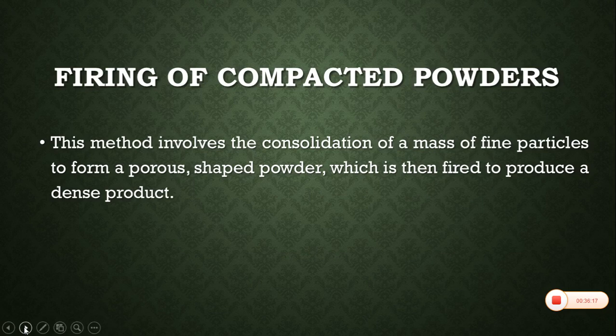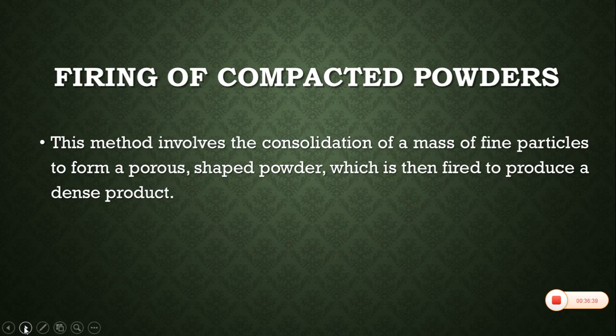The second method is firing of compacted powder. It is also the simplest form, in which it involves the consolidation of a mass of fine particles to form a porous shaped powder, which is then fired to produce a dense product.